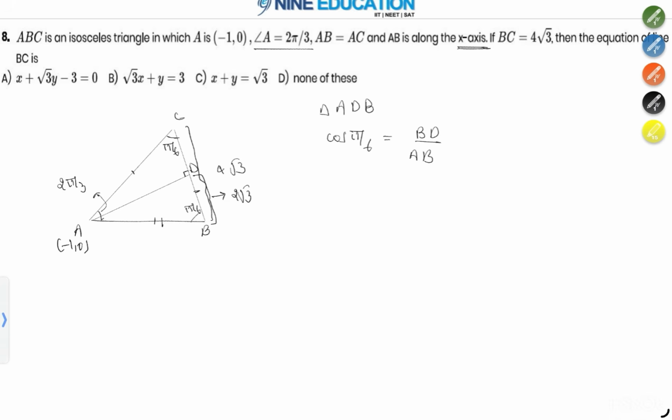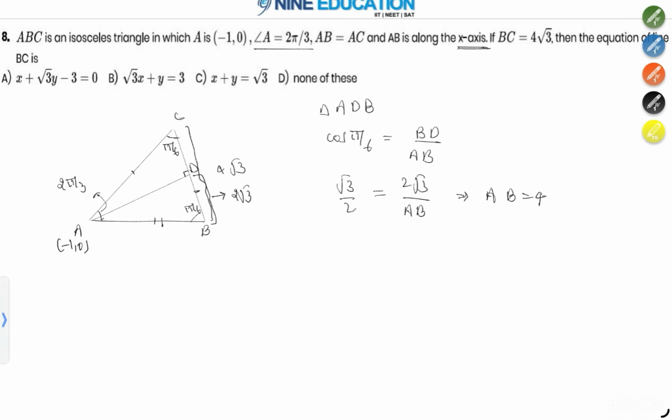The value of cos pi by 6 we know already, cos 30 degrees is root 3 by 2, and BD is 2 root 3 by AB. This will imply AB is going to be equal to 4.